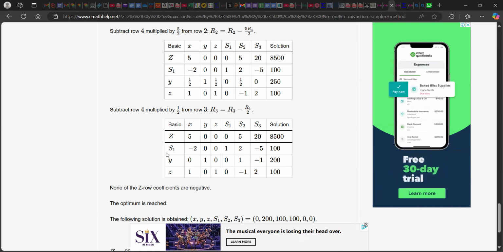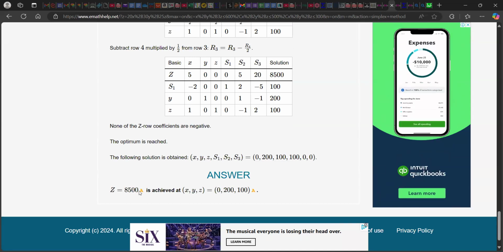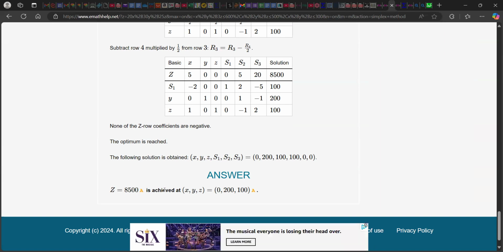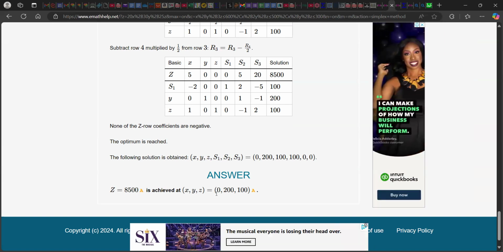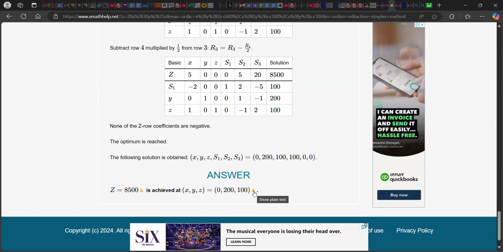Notice there's no X here, right? Therefore, they're basically telling you that you can make a maximum profit of 8,500, right? But you have to produce no chairs, 200 tables, and 100 bookcases. That will give you a maximum profit, right?